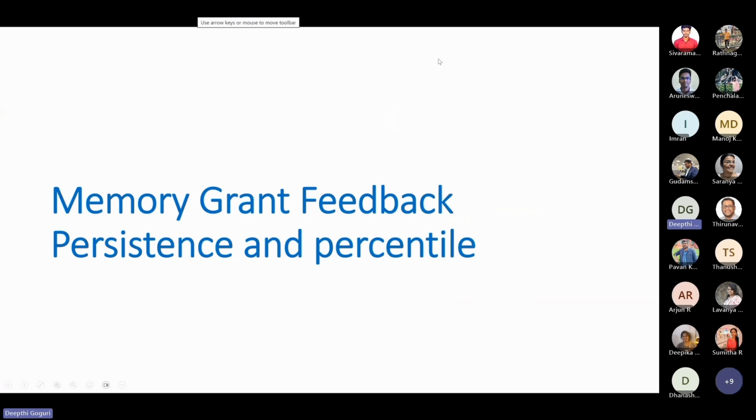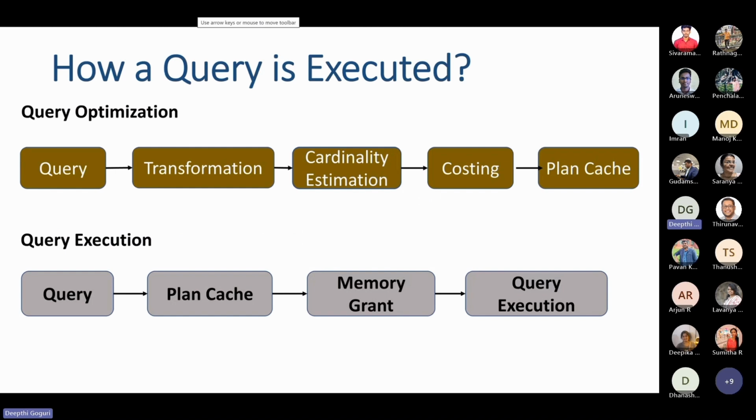So let's talk a little bit about memory grant feedback, percentile and persistence. Before going there, like I promised, I would like to show you as much as possible how the query runs behind the scenes. We have covered this half of this quarter in the Query Store slide, the flowchart that I showed you at the beginning of the session.